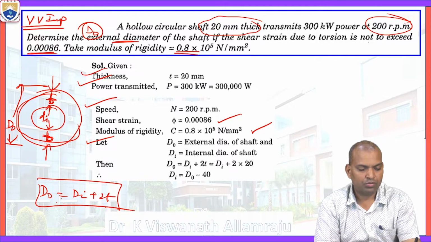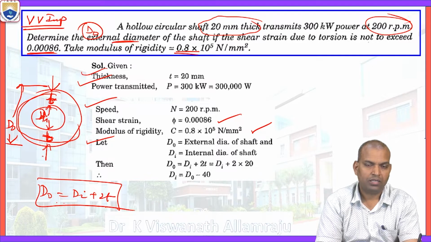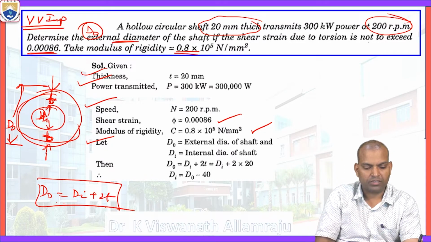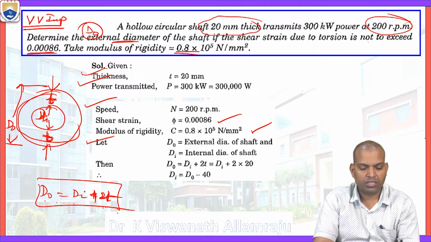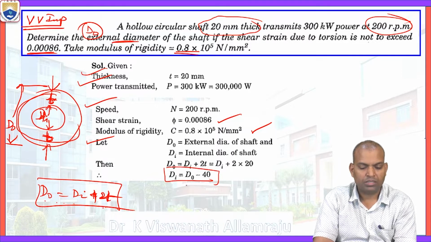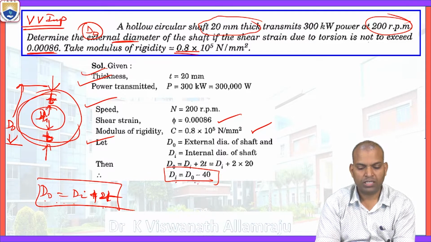D naught equals Di plus 2 times thickness: top thickness, bottom thickness. Or Di equals D naught minus 2T. T is 20 millimeters, so 2T is 40. Di equals D naught minus 40.